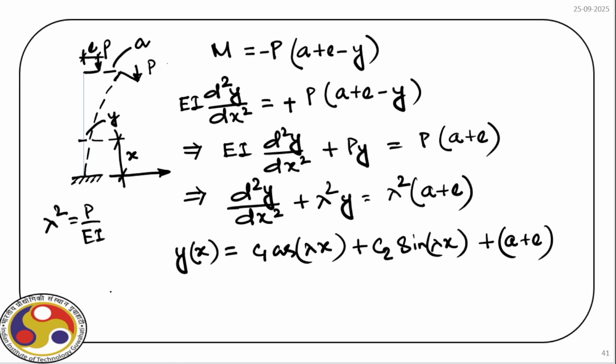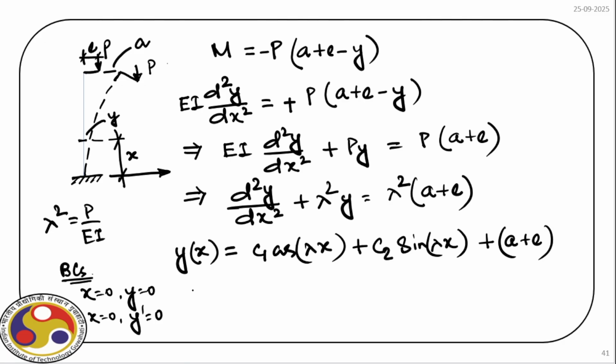Then what we do, we again apply boundary conditions. So BCs are at x equal to 0, y is 0, and at x equal to 0, y prime is also equal to 0.